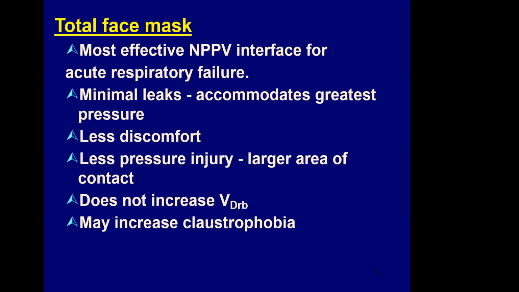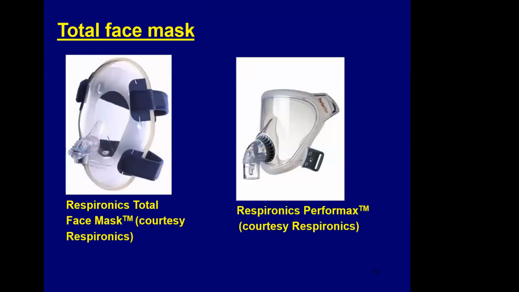It appears to have produced less discomfort and less pressure injury because there is a larger area of contact between the interface and the skin. Total face mask does not increase dead space. It may, however, increase claustrophobia. And here are some pictures of total face masks.